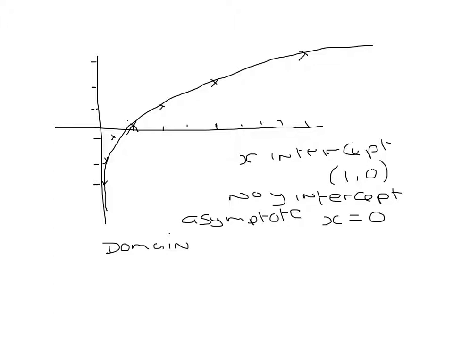And you can't have any negative numbers. So the domain is going to be x is greater than 0, where x is a member of the set of real numbers.